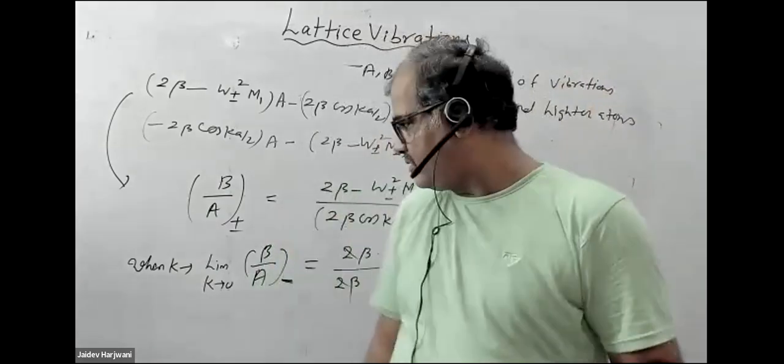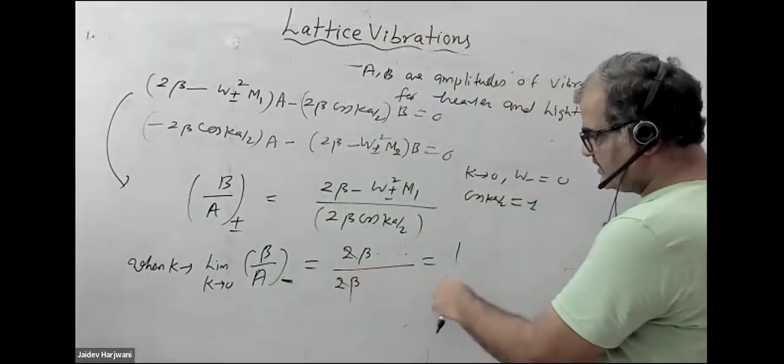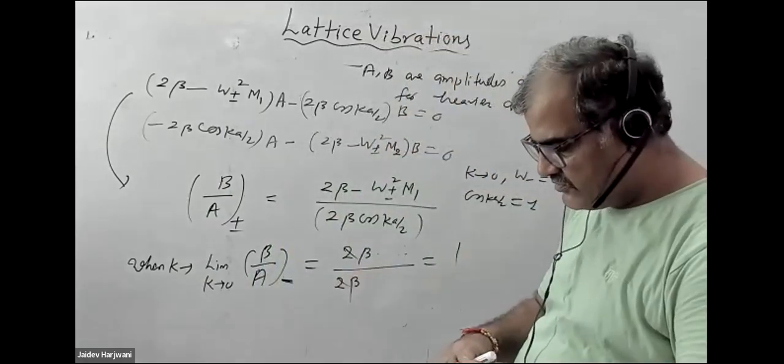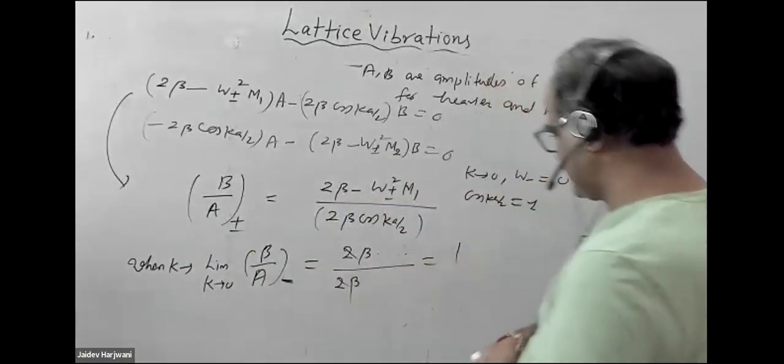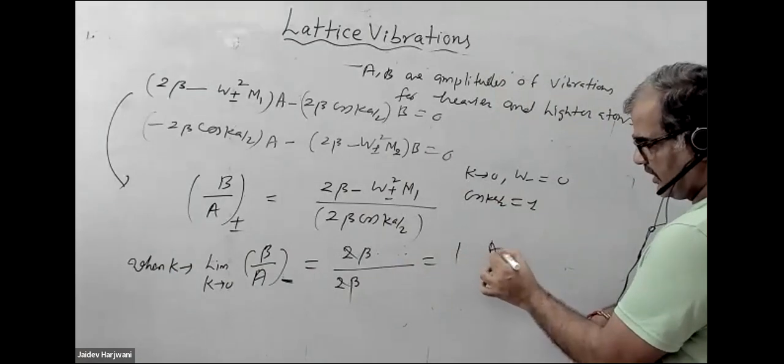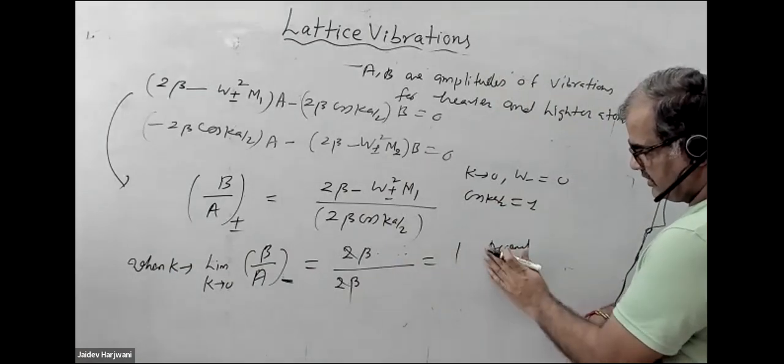Okay, so now you get b by a is 1. Now let me calculate this for the optical branch. So this is for the acoustic branch, same phase. You can write it down: this is the acoustic branch.